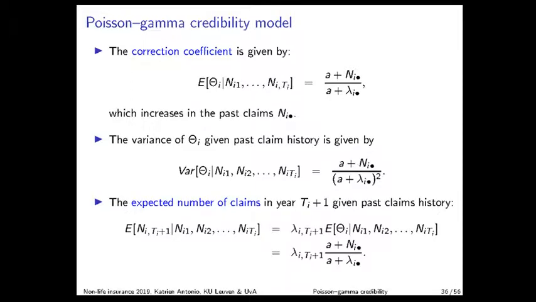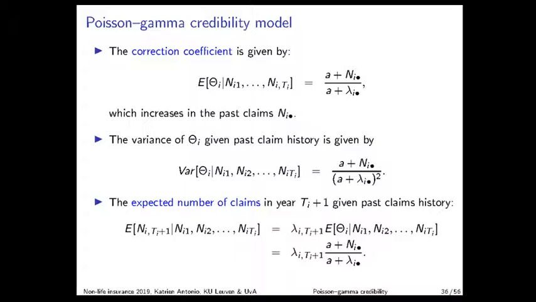The base credibility premium then is obtained as the a priori premium, lambda_i,ti+1, multiplied with the posterior expectation of theta i. This posterior expectation is the a posteriori correction that comes on top of the a priori premium.